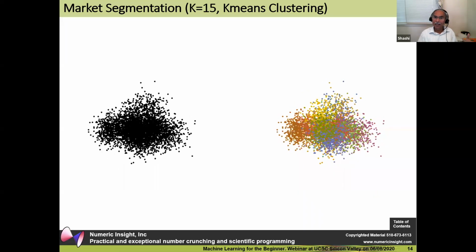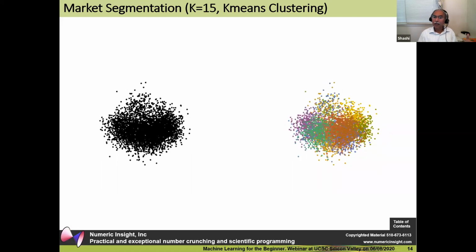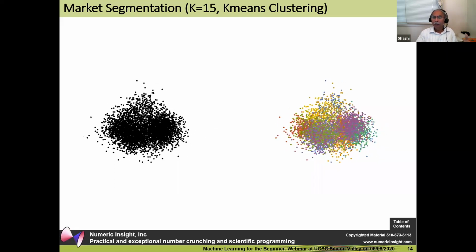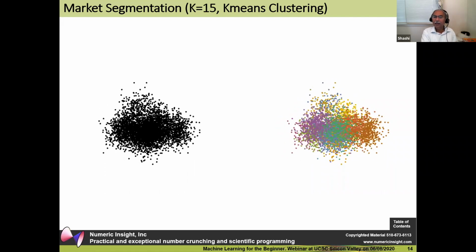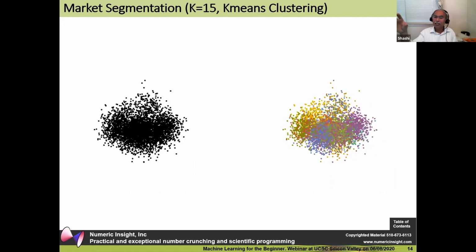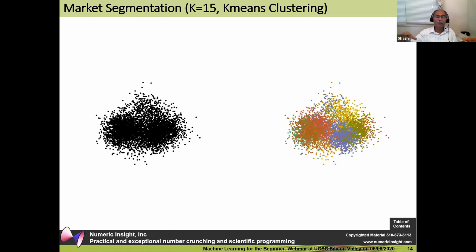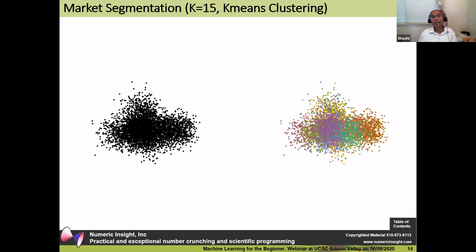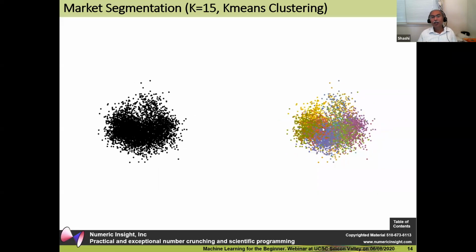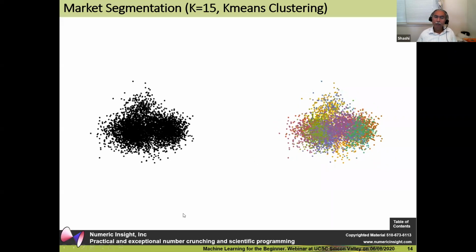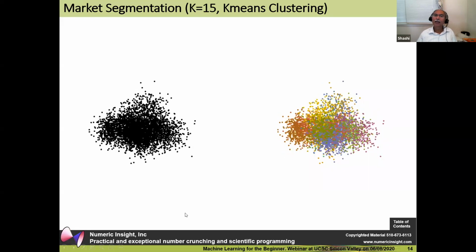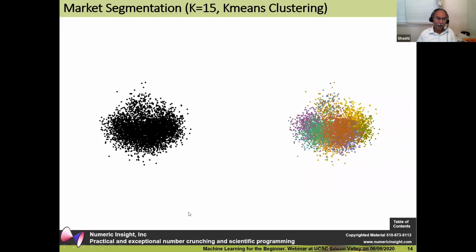So once this is done, the company can always go back and pick out all the green customers and give them some type of treatment, and pick out all the brown customers and give them some other type of treatment, and so on, right? So this is what you can do with it in order to maximize the bottom line and keep all the customers happy, right?